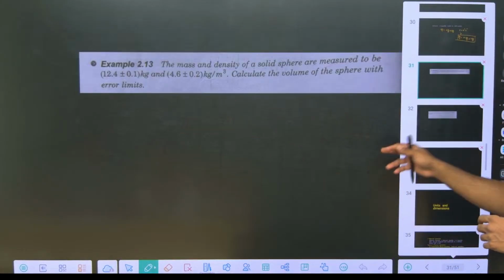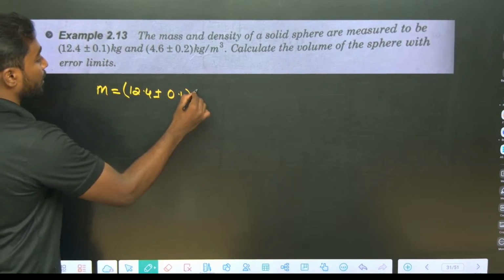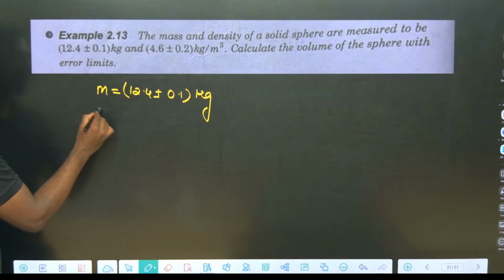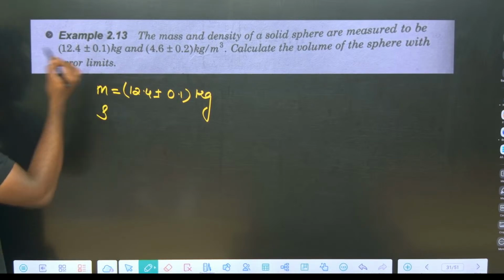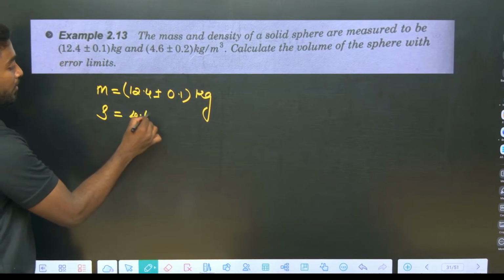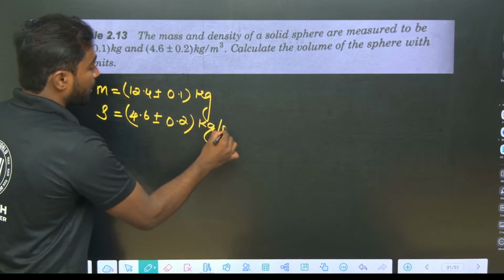So here the thing is, mass and density of a solid sphere are measured to be. We'll write first whatever is given here. So mass is equal to 12.4 plus or minus 0.1 kg, and density rho is equal to 4.6 plus or minus 0.2 kg per meter cube.